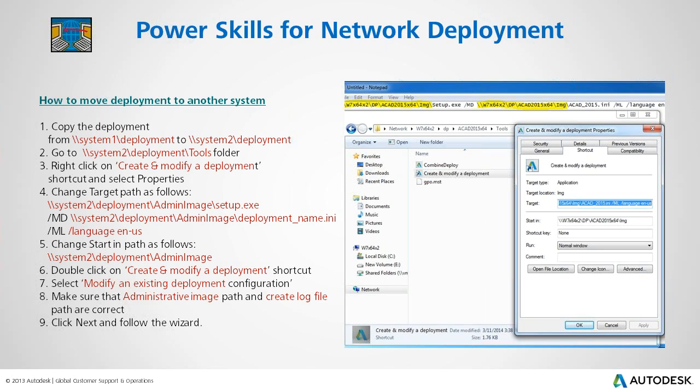Make sure that you're picking up the correct one, otherwise it's going to try to connect to your original deployment. Here's the list of what you have to modify, as an example, and then run the modify deployment, and it will take about a minute to update everything for you, so that afterwards you can use and install your deployment from your new location.